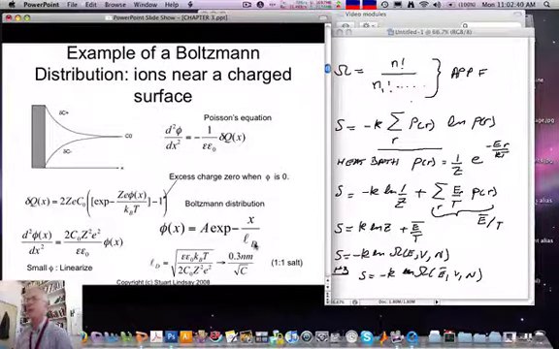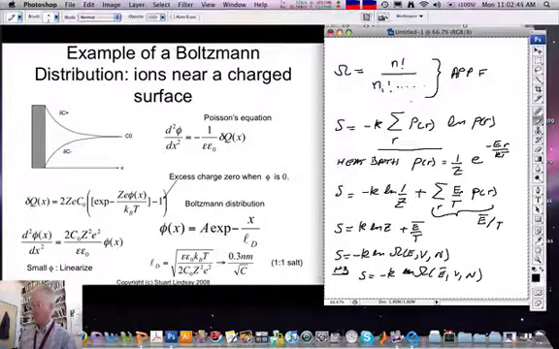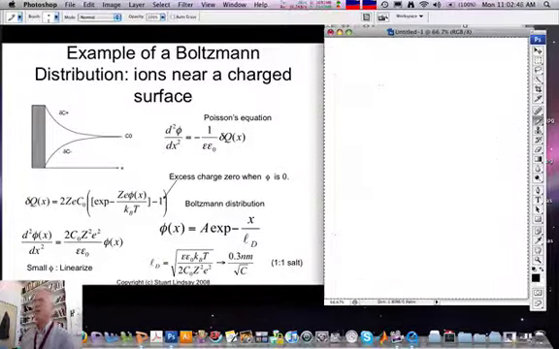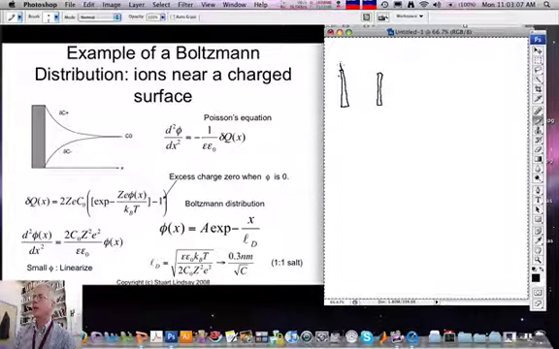Now let us turn to an application of the Boltzmann distribution just to show how powerful it is and to solve a problem that we will refer to at several points in the remainder of the book. This is the question of how ions distribute themselves around a charged electrode. So let us imagine that we have a pair of electrodes immersed into a salt solution and then a battery.